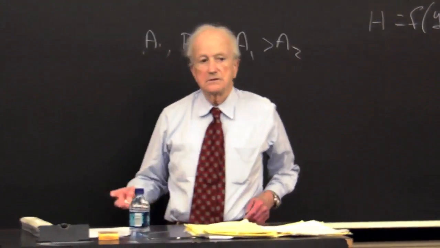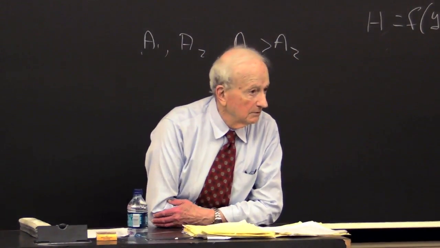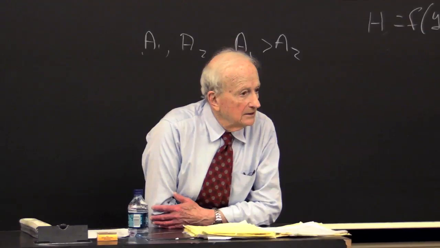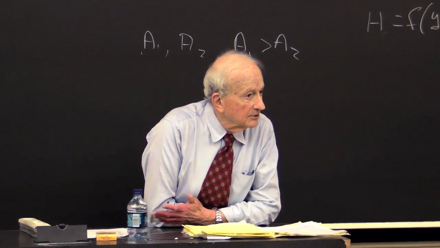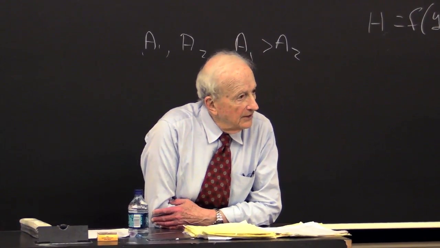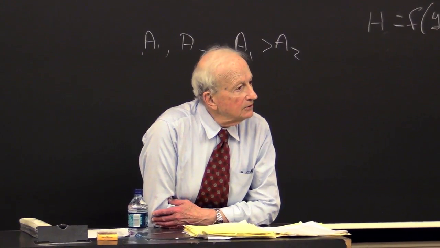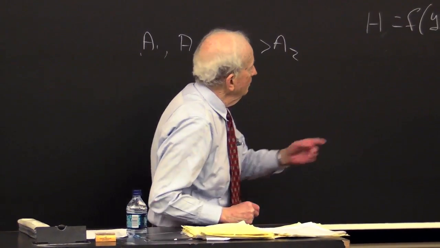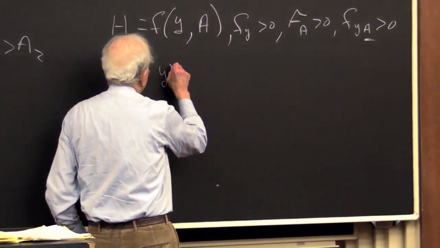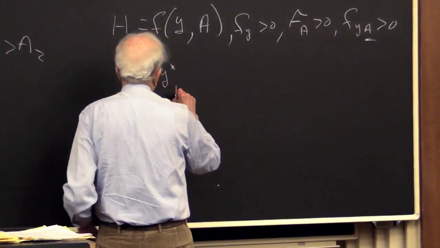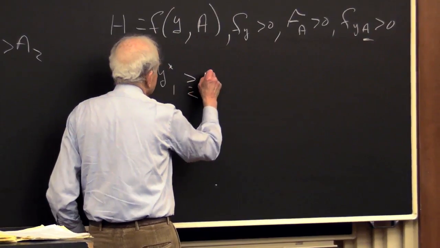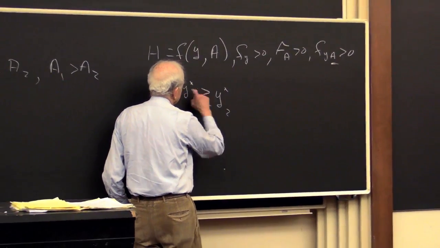That's an assumption we've been making all along. It may not be logically necessary, but it seems like a reasonable assumption. So now the question is, who do the parents invest more in terms of the Y? Is Y1, that's the more able child, greater, equal, or less than Y star 2, where the stars are the equilibrium levels?